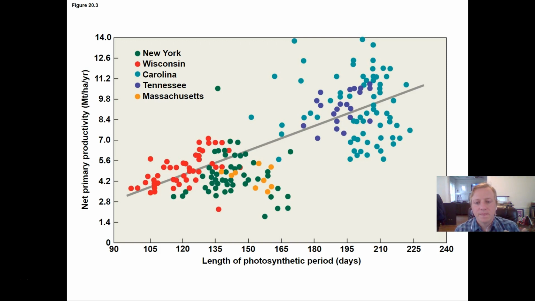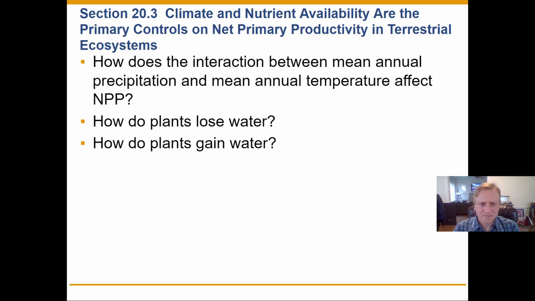So there are lots of photosynthetic days in deserts, but it's too hot for a lot of plants to exist there. Certainly plants do exist there, CAM plants, C4 plants, which we talked about, but it's going to be harder for them to exist there.